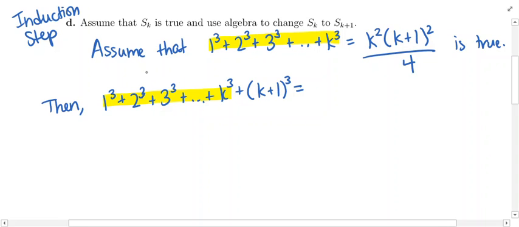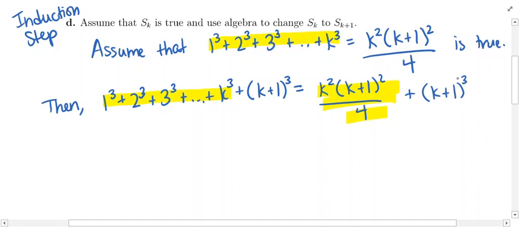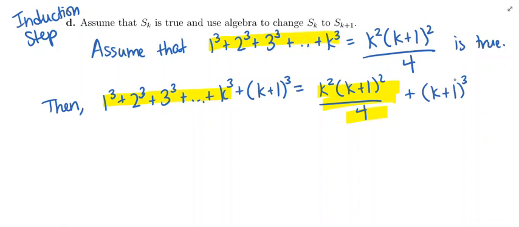So I'm going to write it down. k squared times k plus 1 squared all over 4. The stuff in yellow is equivalent. On the left side, we have the yellow quantity, but we have to add k plus 1 cubed to keep the equation balanced. So we have used our assumption.